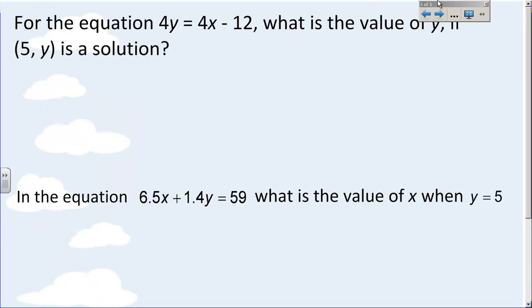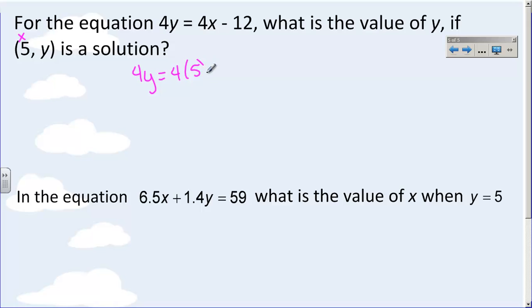So now let's take it into the abstract just a little bit. For this equation, 4y equals 4x minus 12, we want to find the value of y if (5, y) is a solution. Well, if they give me this ordered pair, they're telling me that x is 5, and they want me to find y. Well, that's real simple. I'm going to plug in 5 for x, and then solve. So I have 4y equals 4 times 5 minus 12.